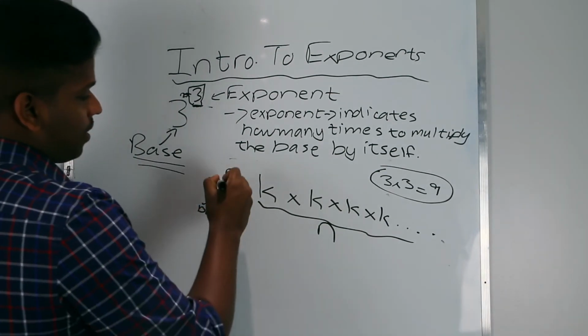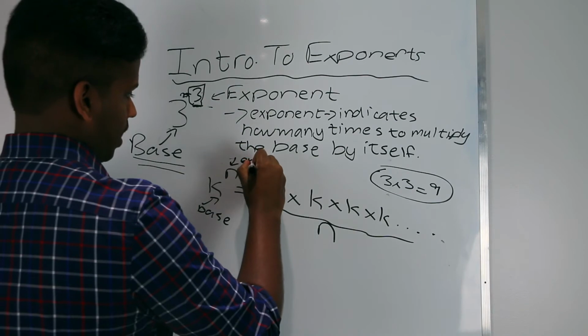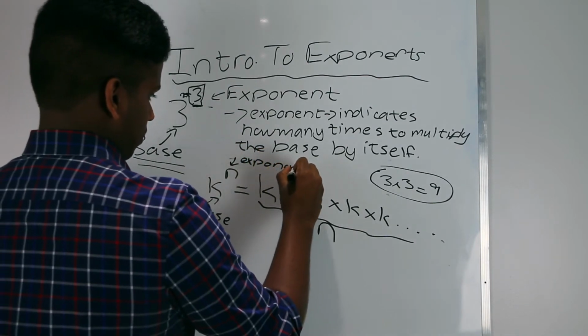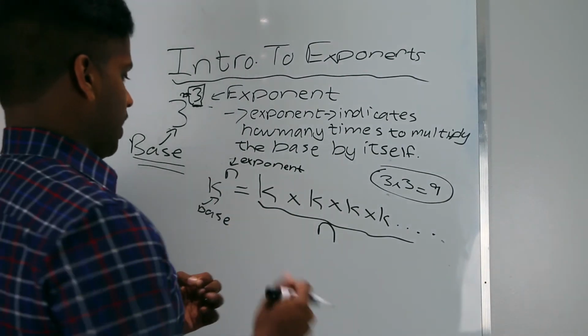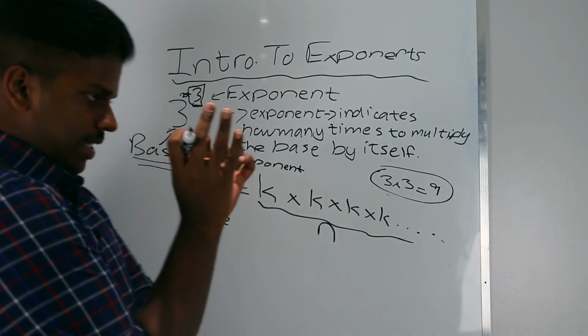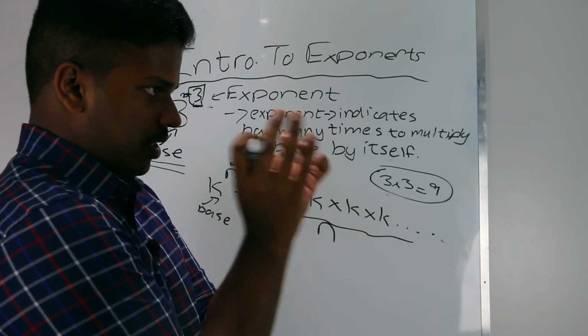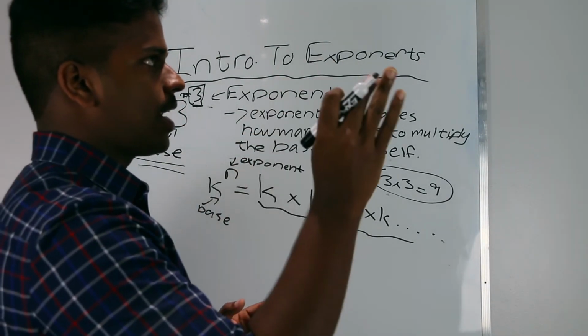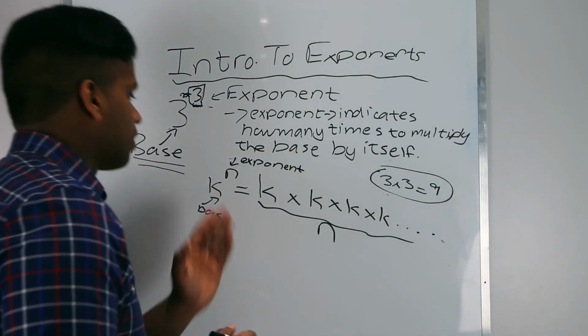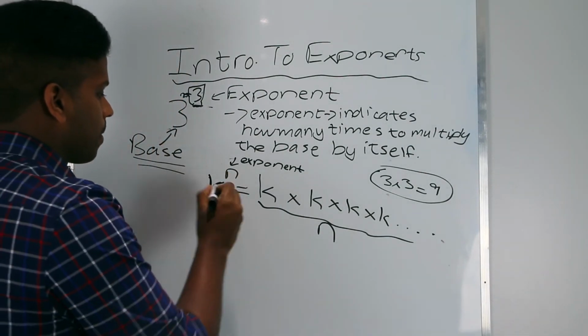See how the base is underneath the exponent, and the exponent is written in superscript form, or written to the top. It's smaller than the base in terms of size, and it's written in the top right hand corner of the base number, the base value written here.